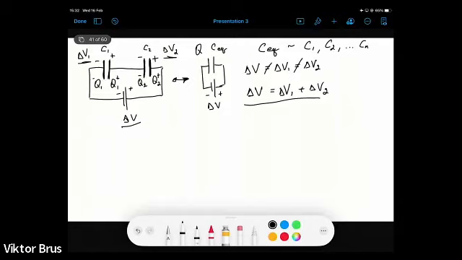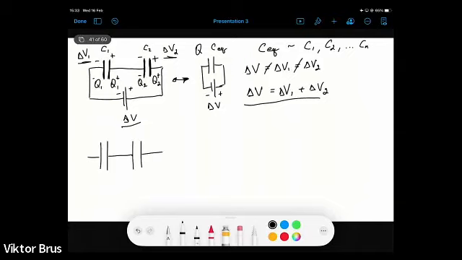So now what is interesting is to look a little bit closer at the charges which are accumulated on these plates. Let me draw it separately so we don't make it too crowded. We have two capacitors connected in series.